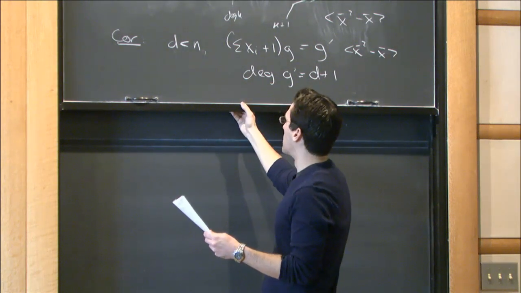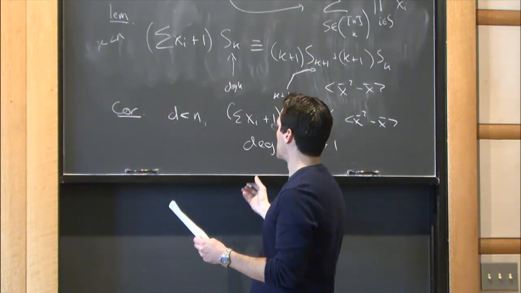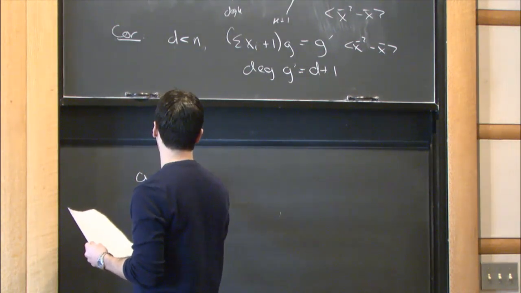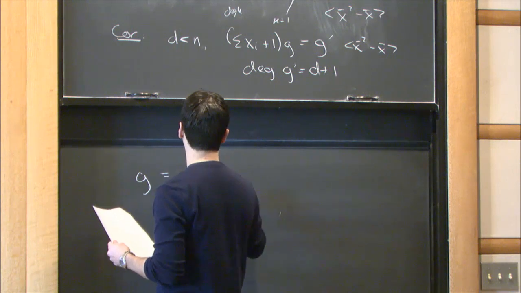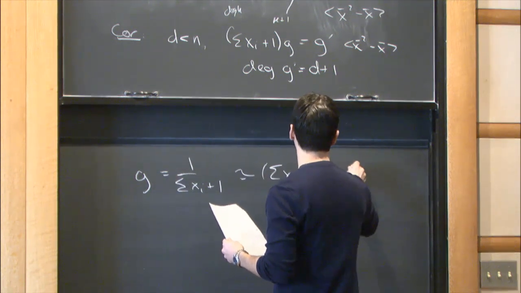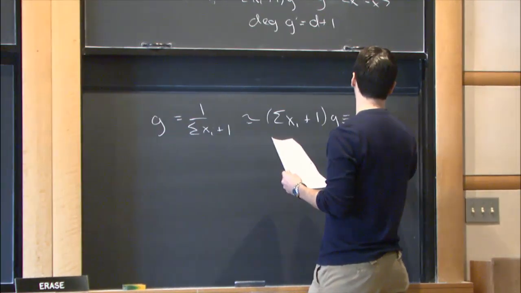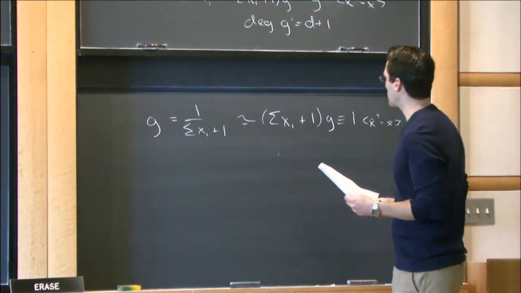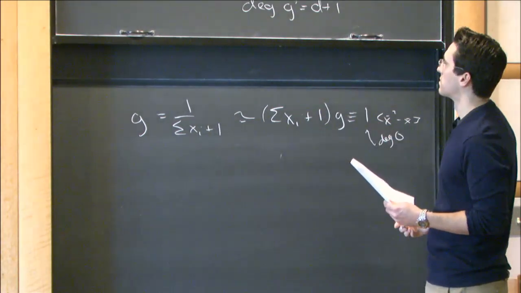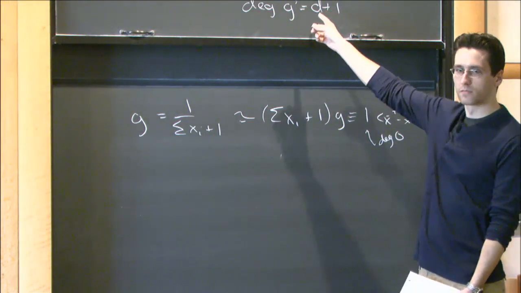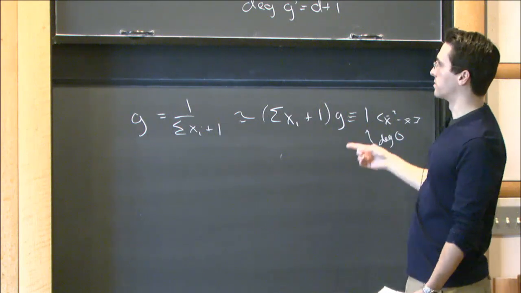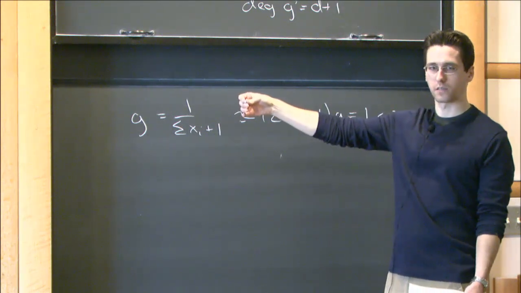But if you look at this functional equation, you have that g is 1 over the summation of x_i plus 1, which is equivalent to saying that the summation of x_i plus 1 times g is equivalent to 1 modulo the Boolean cube. And this is 0, and so 0 is never d+1. So there must be a wraparound effect to combat the fact that this is always degree increasing.